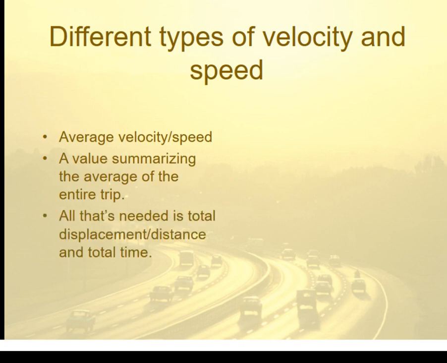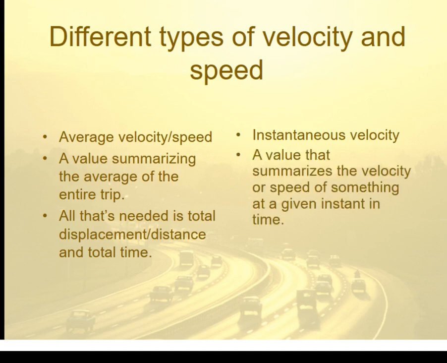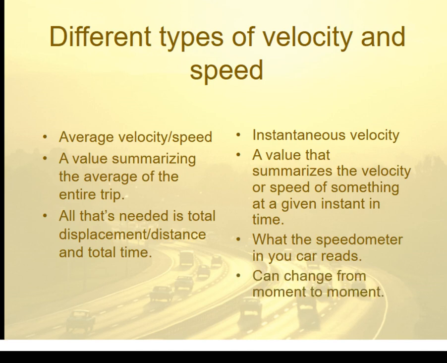However, when we're doing instantaneous velocity, which is the other type, we're talking about how fast you were going at a specific instant. So when you were going down the interstate, maybe it was 75. You look at your speedometer, that would tell you what your speed was at that particular instant. Or when the police officer aims the radar gun at you, that's the instant that you were going.